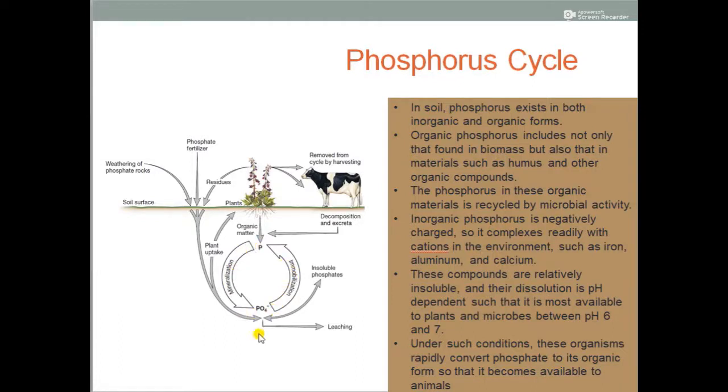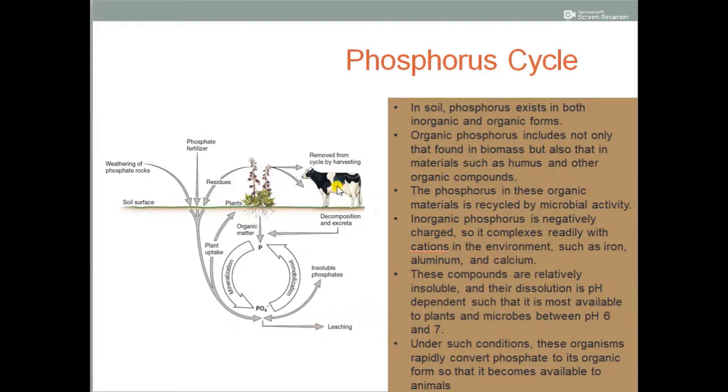The processes of mineralization as well as immobilization are quite essential to maintain a balance of phosphorus in the phosphorus cycle as well as in the various life forms. Lots of insoluble phosphates are also lost by the process of leaching into the environment.